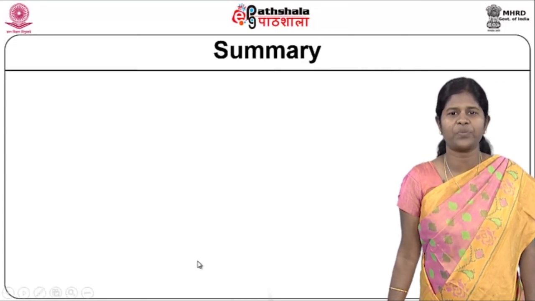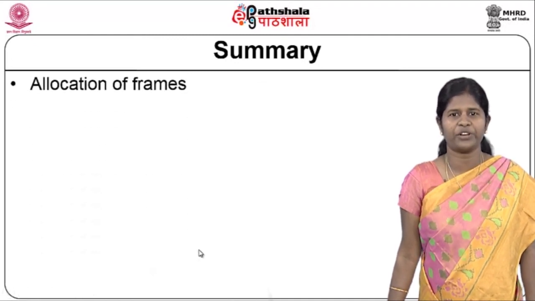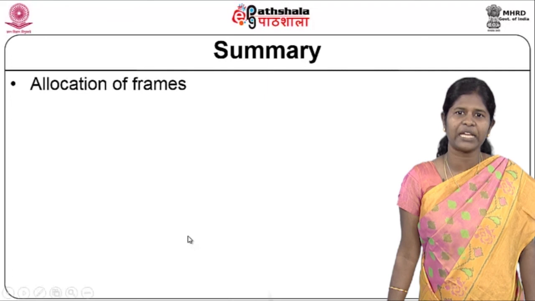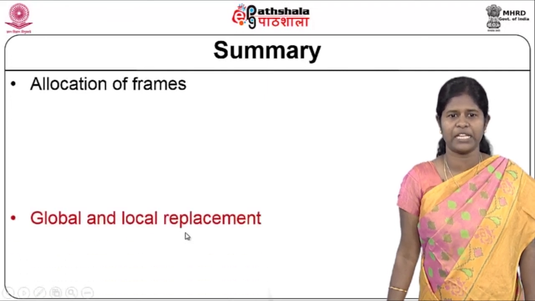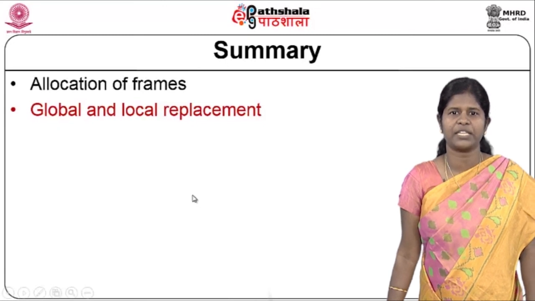So, we will summarize whatever we have learnt in this class. We learnt about allocation of frames, that is, given the free frames in the physical memory, how do you allocate them among the processes that need them? While replacing pages, there are two possibilities.